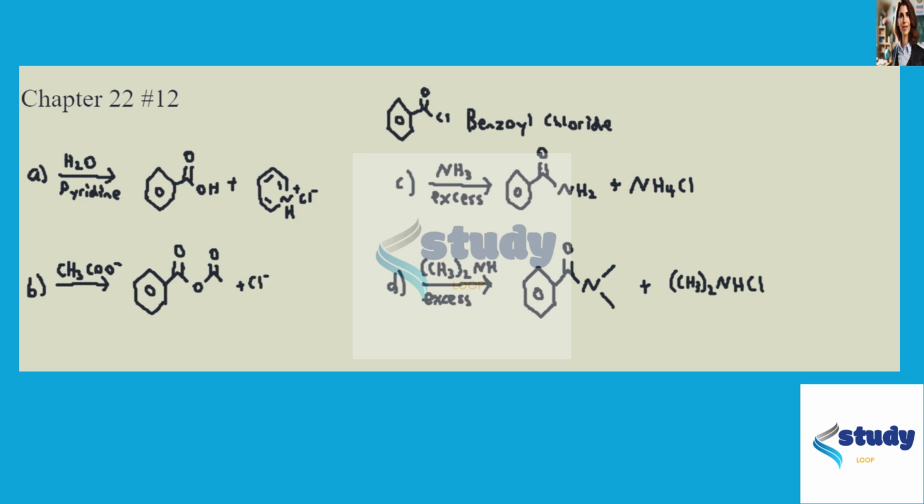And remember that acyl chlorides are typically going to react by a nucleophile attacking the electrophilic carbonyl carbon, and then the carbonyl double bond reforming, and the chloride will be kicked out.